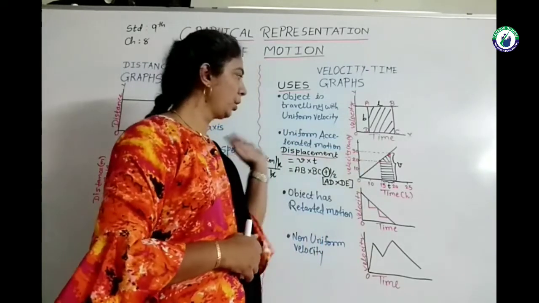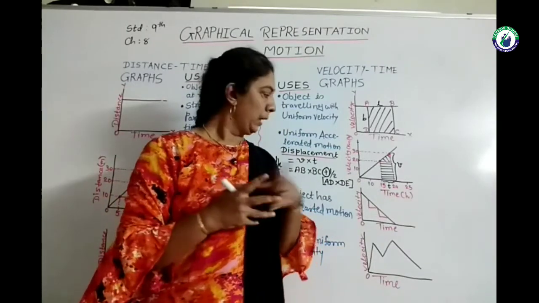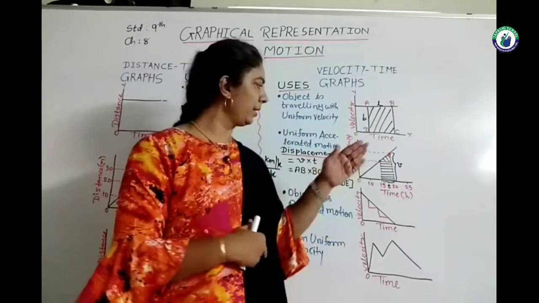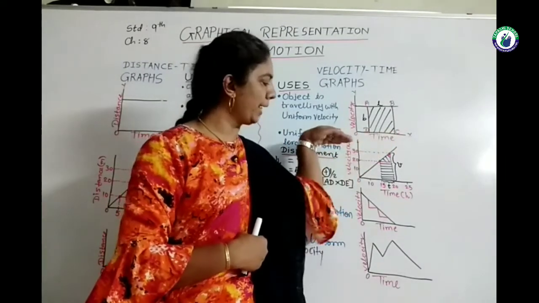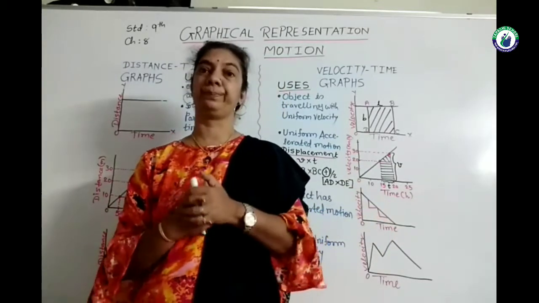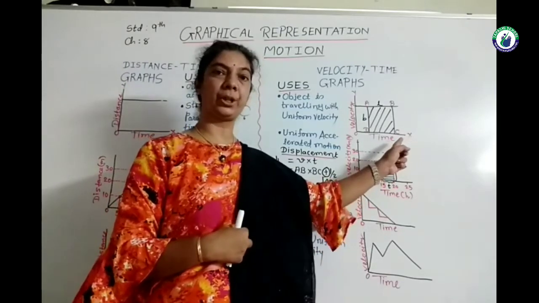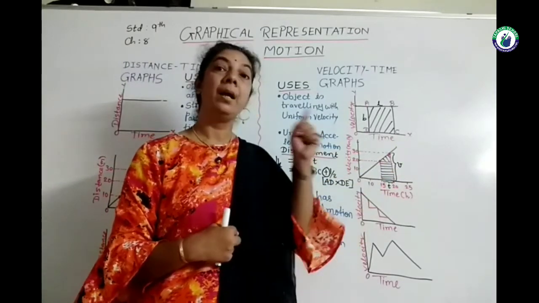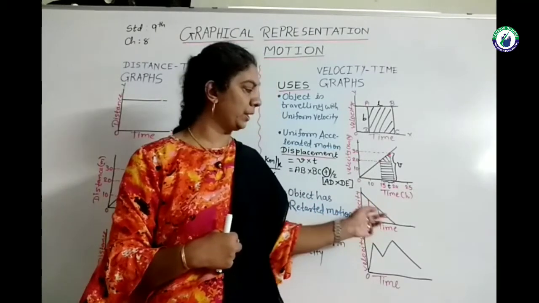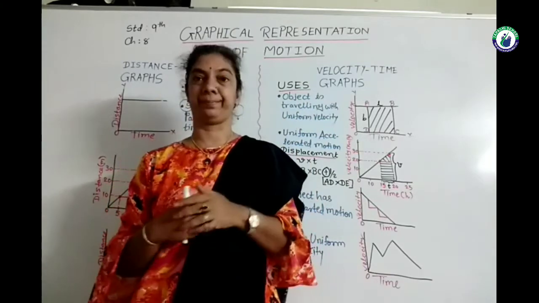After this, two complicated graphs. Next graph, extra for the velocity time graph, has a slanting upward as well as a slanting downward shape. This represents accelerated motion and this represents retarded motion. That means here we can see that with time the velocity is decreasing.